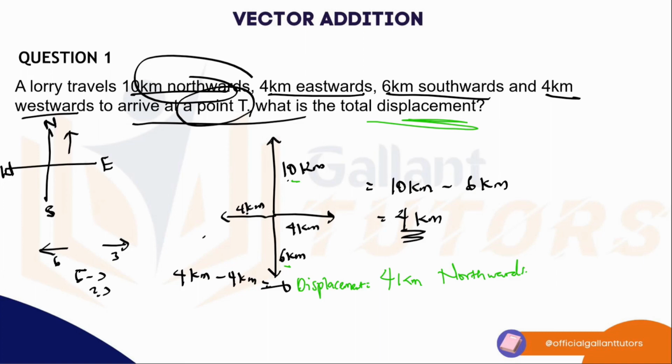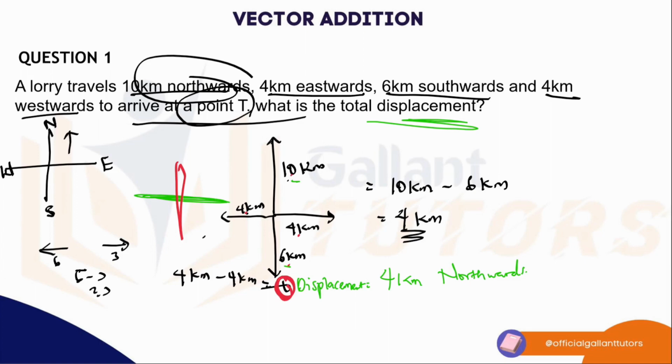I'll come over it again. Now, in the horizontal direction, this is horizontal, right? So don't forget it. This is vertical, this is horizontal, this is vertical. Don't forget. The red is vertical, green is horizontal. Okay, so for this part, we have 4 kilometer minus 4 kilometer, which will give us 0.